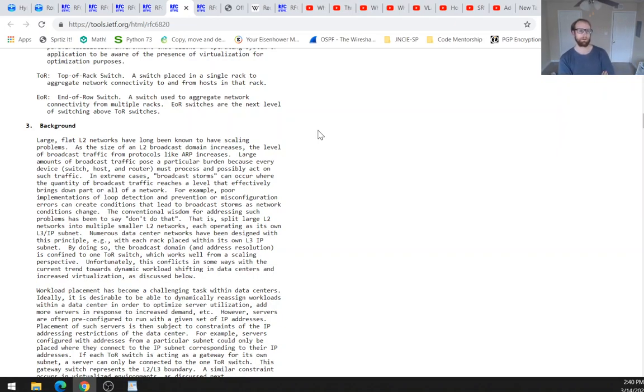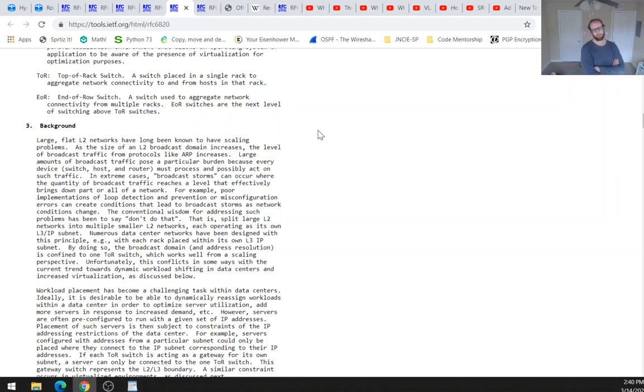For example, poor implementations of loop detection and prevention or misconfiguration errors can create conditions that lead to broadcast storms as network conditions change. The conventional wisdom for addressing such problems has been to say, don't do that. That is, split large L2 networks into separate smaller L2 networks, each operating as its own L3/IP subnet.